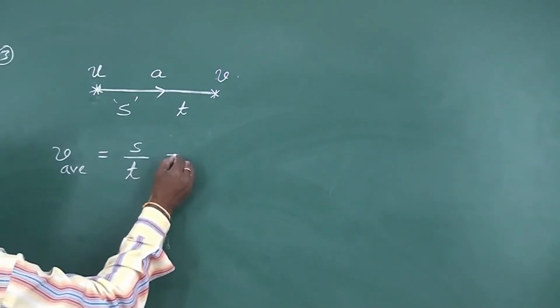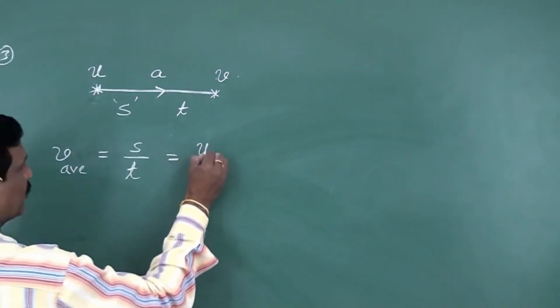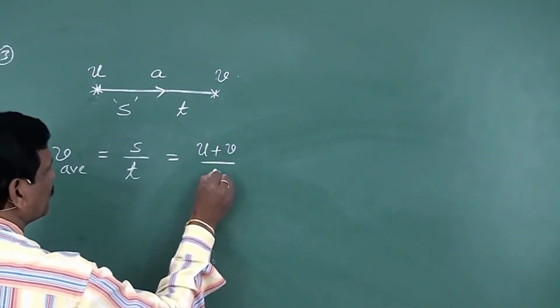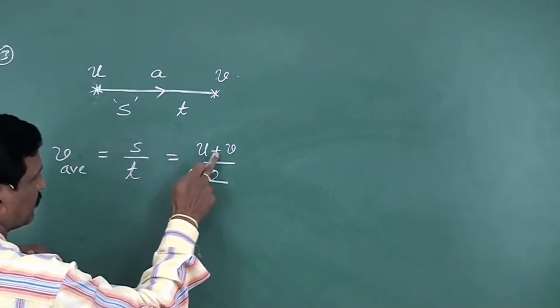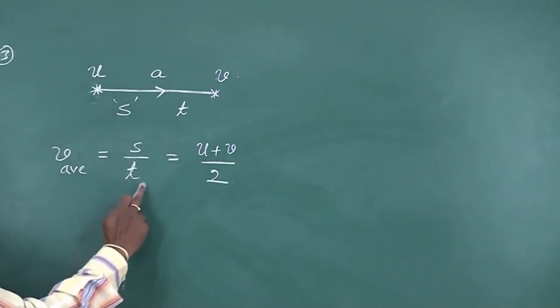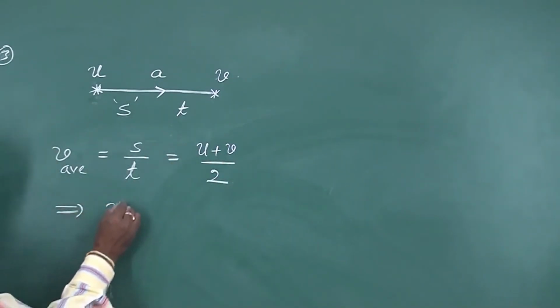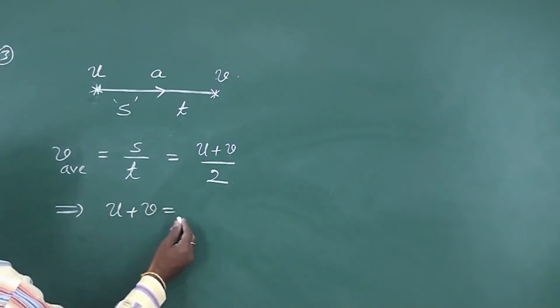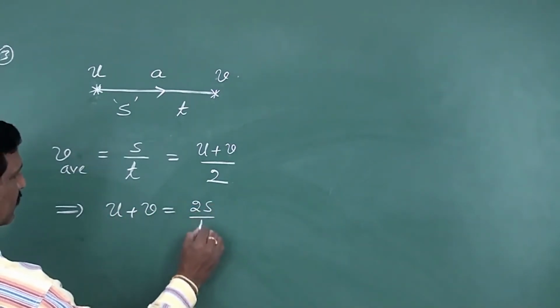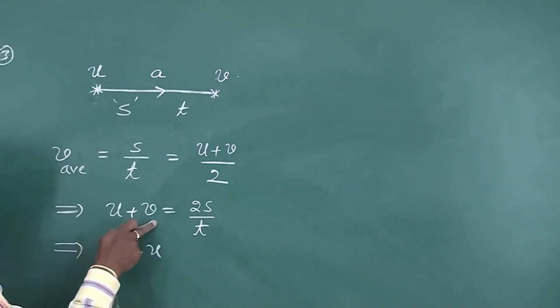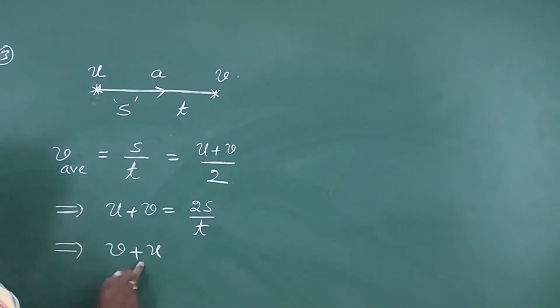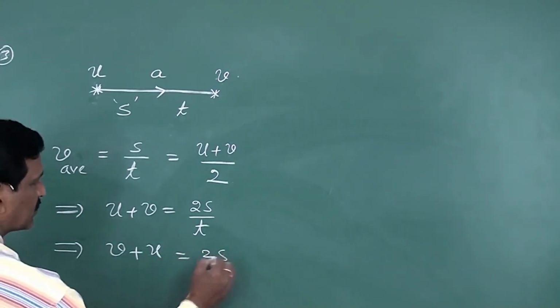Also, v average is equal to (u plus v) by 2. Average velocity means initial velocity plus final velocity by 2. From these two you can write u plus v is equal to 2s by t, or you can also write v plus u is equal to 2s by t.